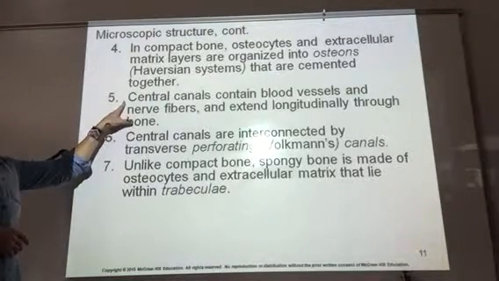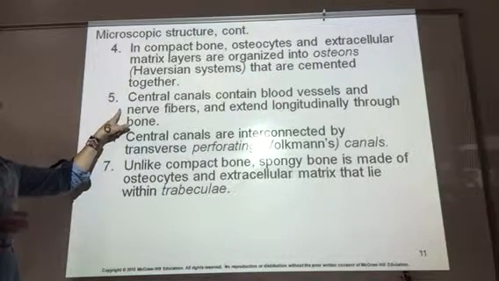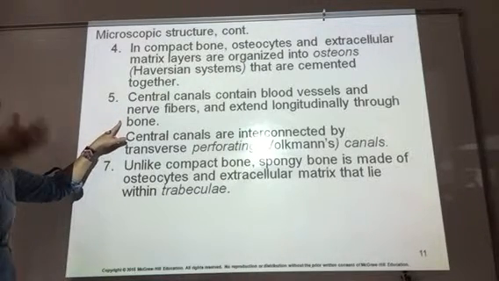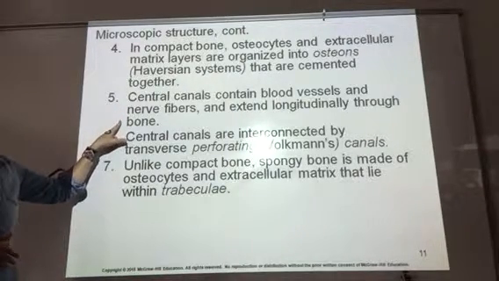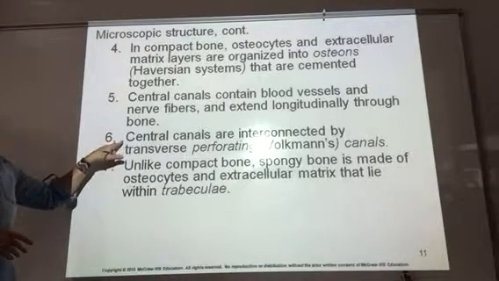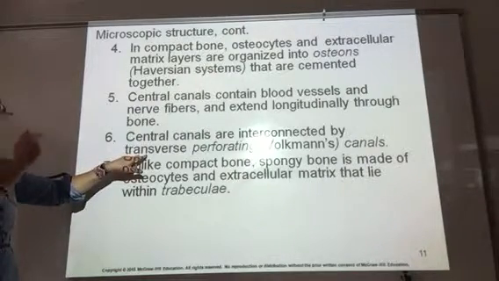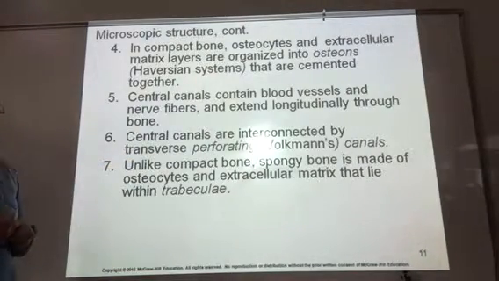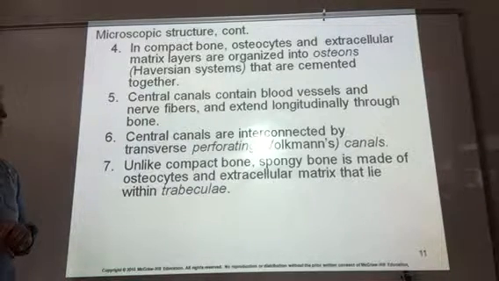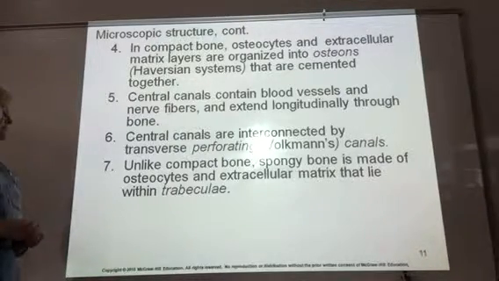These central, larger Haversian canals contain your larger blood vessels, nerve fibers, and they extend longitudinally up and down throughout the bone. Central canals are going to be connected by transverse perforating canals. They're also called Volkmann's canals. So they are going to connect transversely.